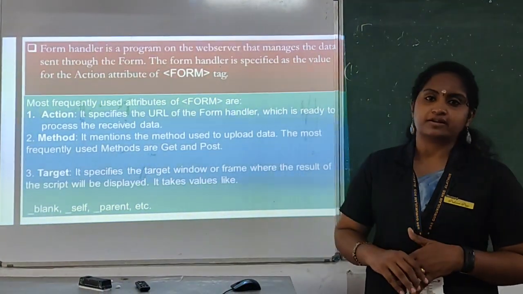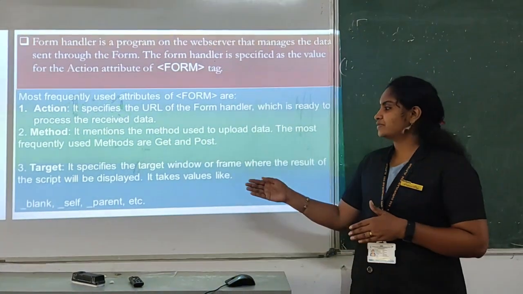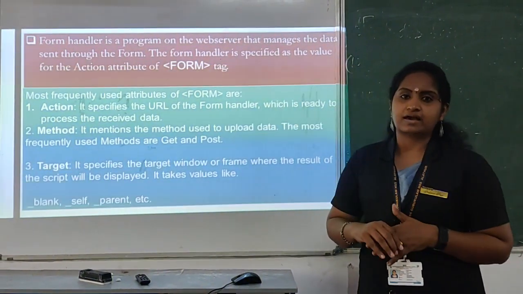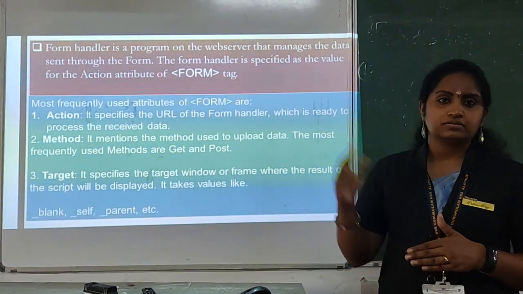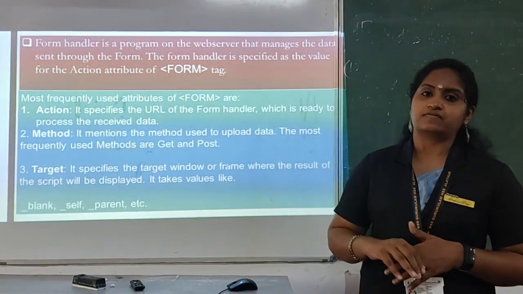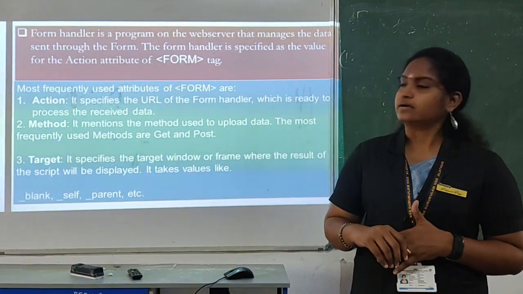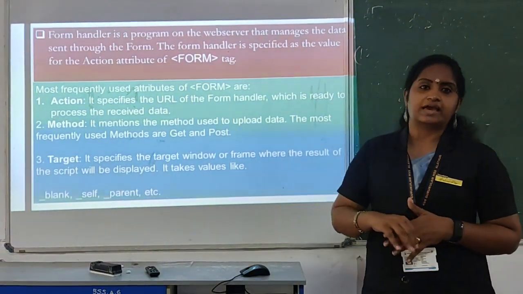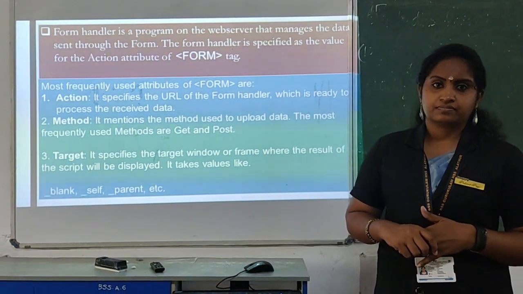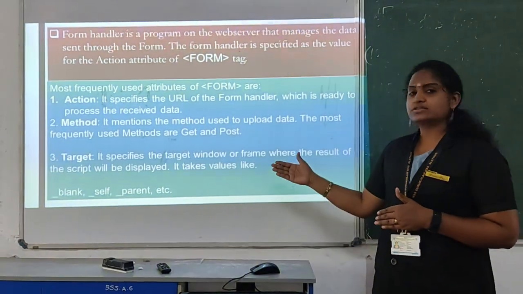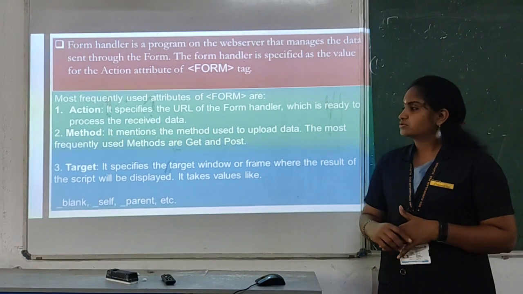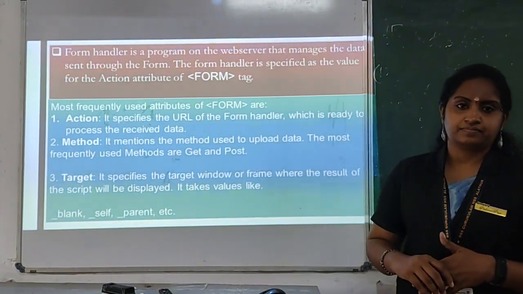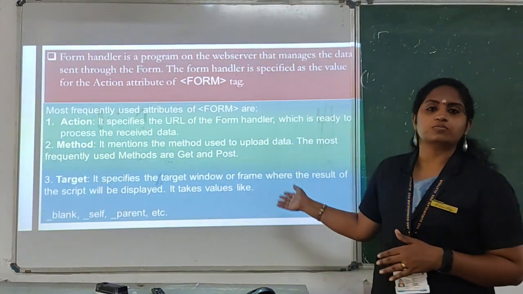And another one is self. It is again a different window, that is a different tab in a particular web browser. Clear? And another one is parent, which will be displayed in the same web page. And you have different options like that. So that is the use of the target frame or target option.